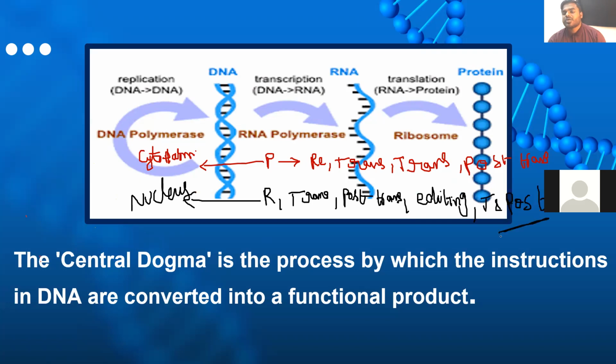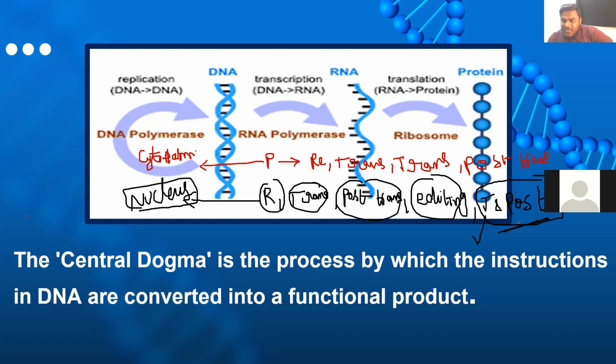In the cytosol. I can tell you in simple words. In case of eukaryotes, replication, transcription, post transcription, RNA editing, everything takes place in the nucleus, whereas translation and post translation happen in the cytosol.